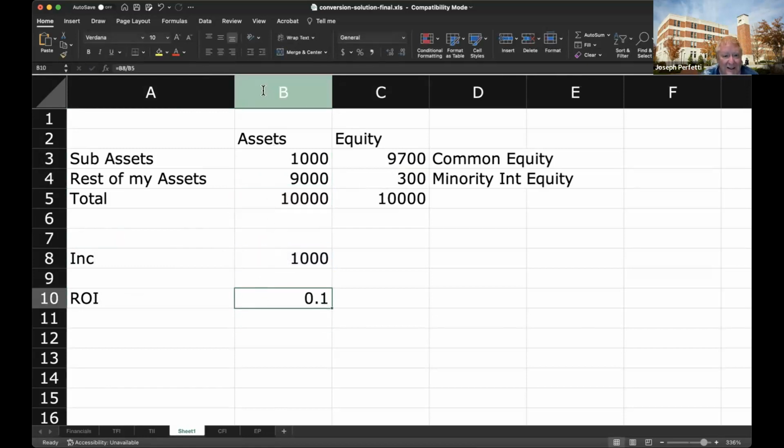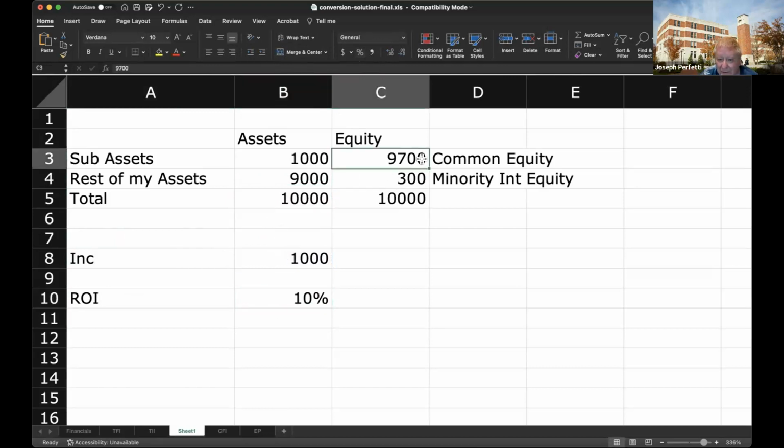I can't give 10% to my shareholders because what I had to figure out is how much income did I make on the 1,000? And then 30% of that is going to go to these people. So I got to separate that out. I can't give them all $1,000 worth of income. So what income did I make on this 1,000? And what's 30% of that?